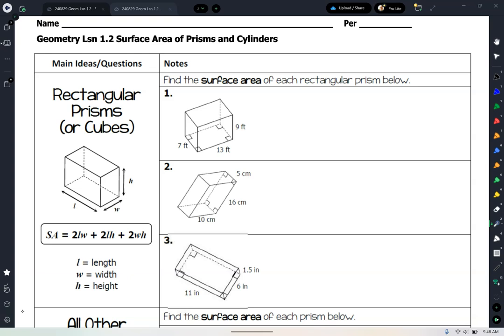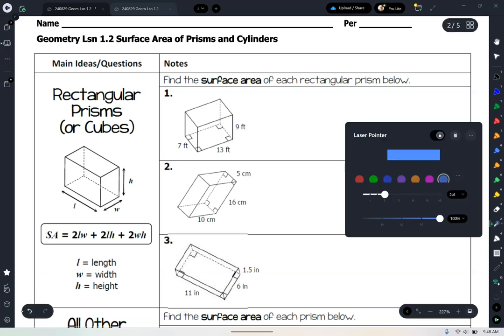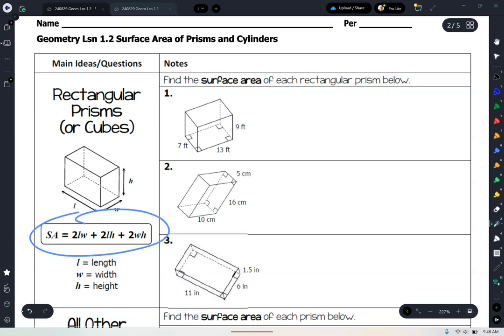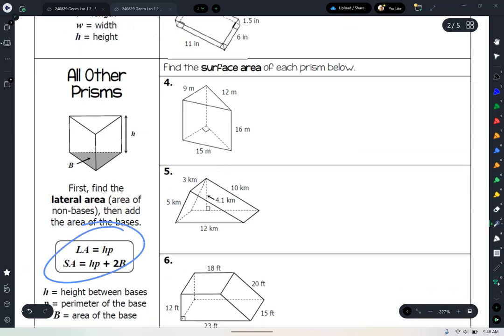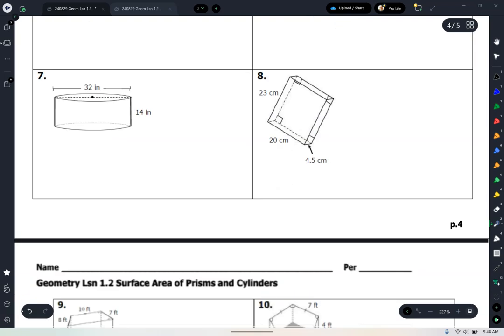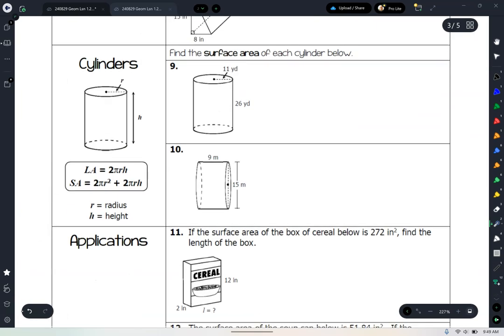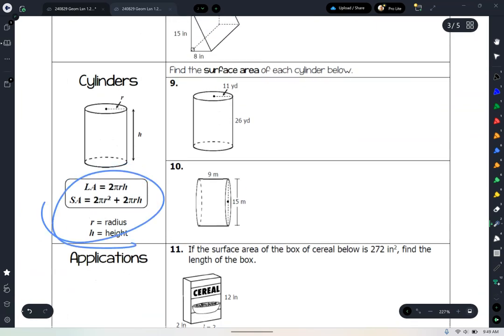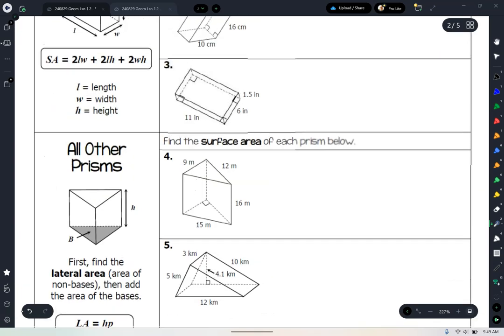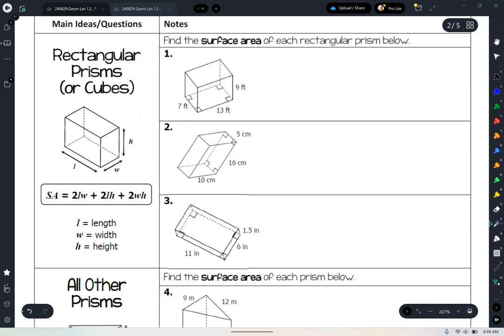Now, some of these are very easy, and some of these are a little bit more complicated. You are going to have a series of formulas that look like this, and that look like this, and when we get to the backside of our paper, we're going to have ones that look like this, and so you're going to need to be able to know what shape goes with what formula.